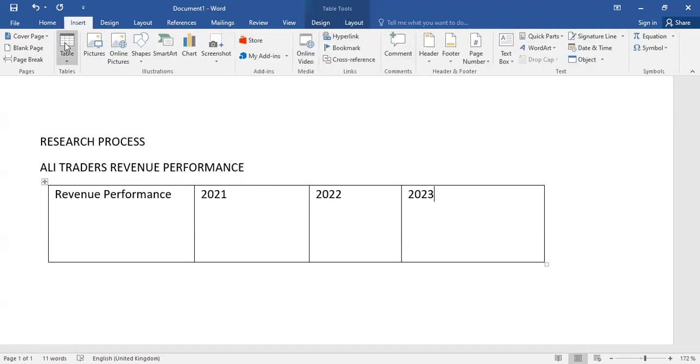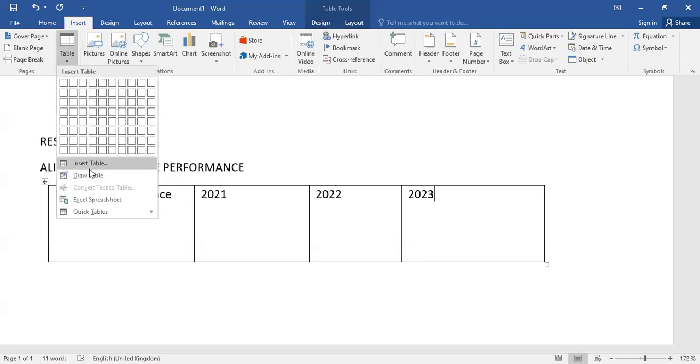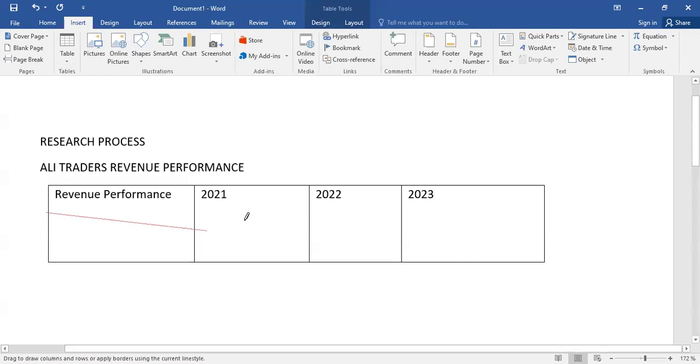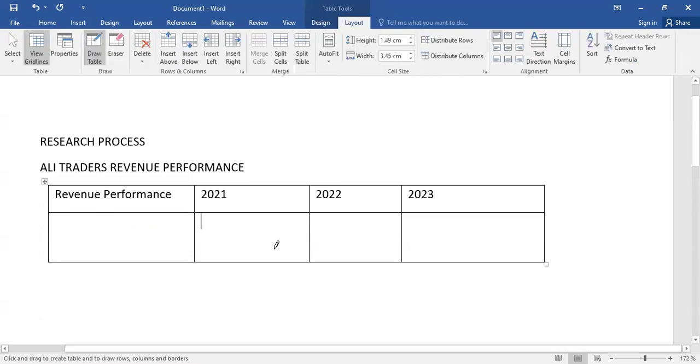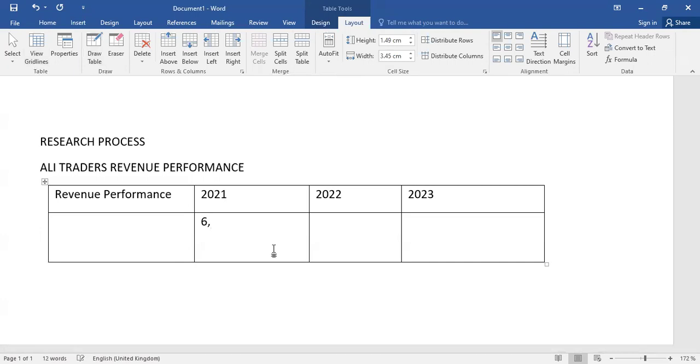Now, I want to give a scenario here. The revenue performance for 2021 was 6,800,000, 6.8 million. And our revenue performance for 2022 is 8 million.